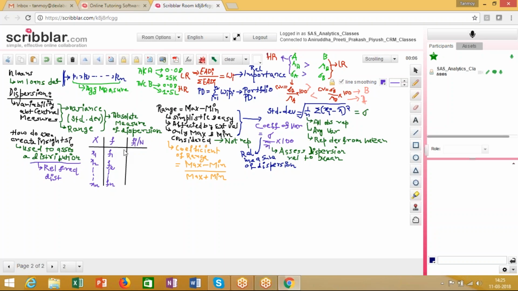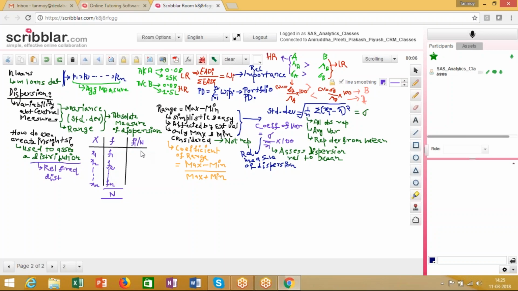Therefore, if I add up all the frequency values, what I get is the sum total of the observations, which is capital N. So capital N is nothing but the sum total of the observations.